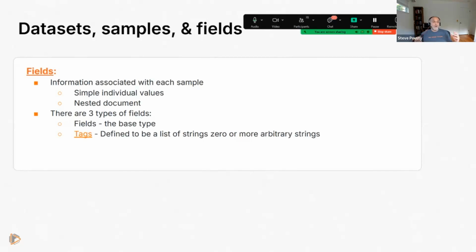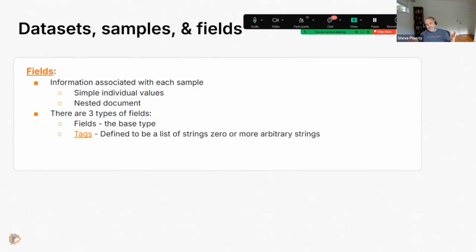You can put whatever strings in you want. Most of the time, what I use them for is quick and dirty things, or for validation versus testing, things that I just want to do quickly and easily, and don't need a very strong vocabulary on. So a tag is a list of strings, there could be zero or more of them in there, and you can put in anything you want as a tag.